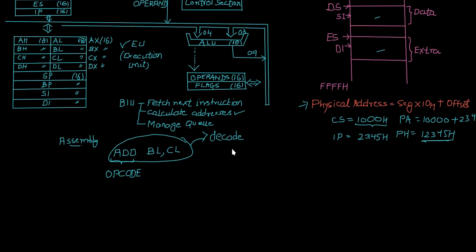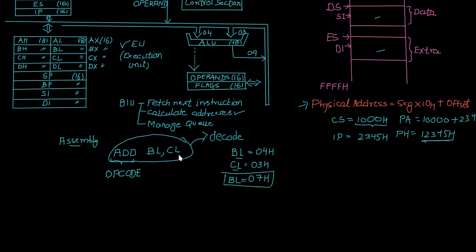So let's suppose BL is a register and it has some data, let's say 04H. So we know that this is 8-bit data, and let's suppose CL has data 03H. So this is also 8-bit data. So BL is of 8 bits and CL is of 8 bits. And when you add these two, what will you get? You will get 07H, and 07H is going to be stored in BL.